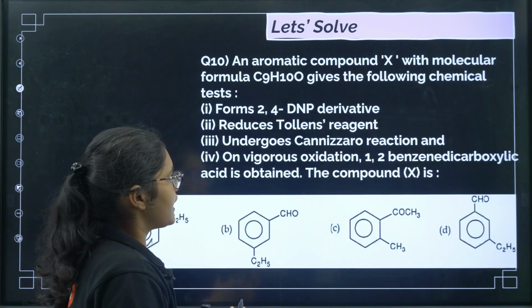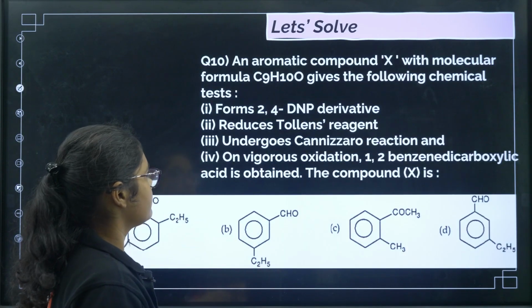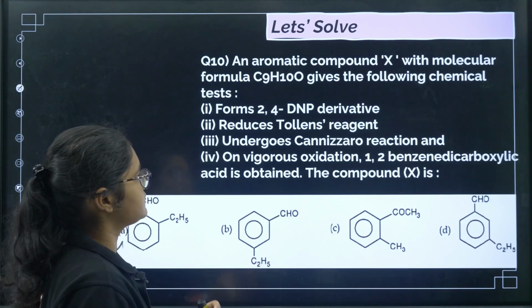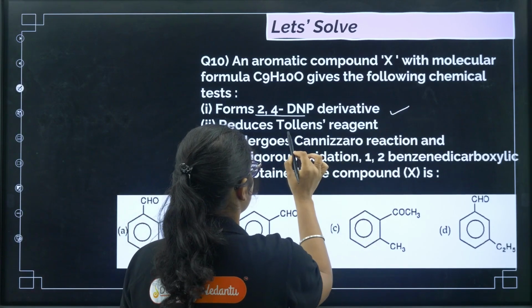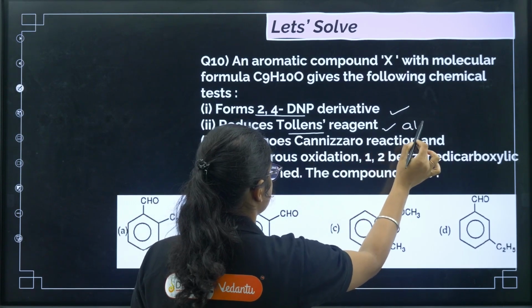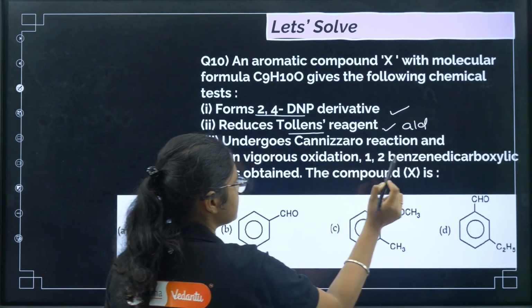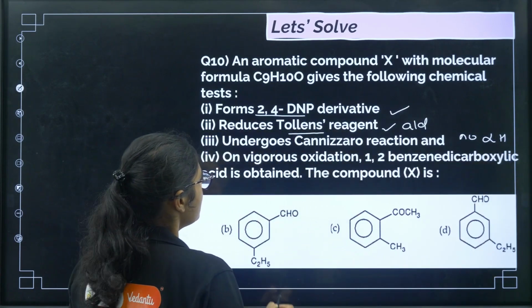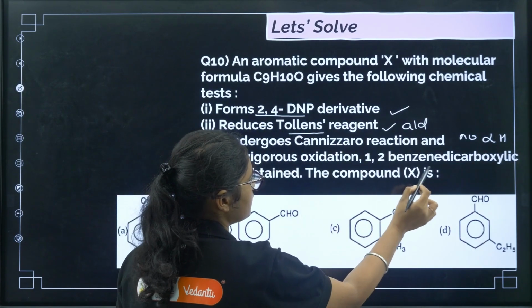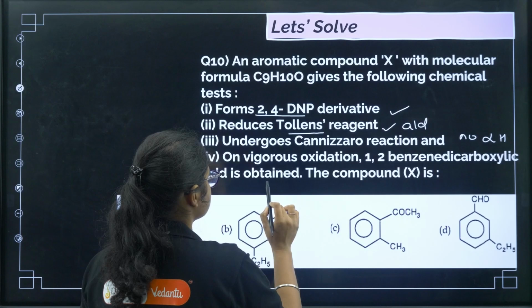Next, an aromatic compound X with molecular formula C9H10O gives the following chemical tests. It forms a 2,4-DNP derivative, reduces Tollens reagent, which means it has to be an aldehyde group, and undergoes Cannizzaro reaction, which means no alpha hydrogen. On vigorous oxidation, 1,2-benzene dicarboxylic acid is formed.